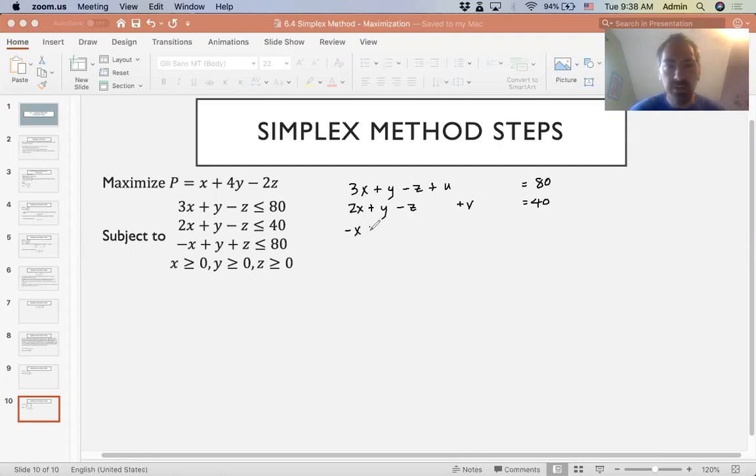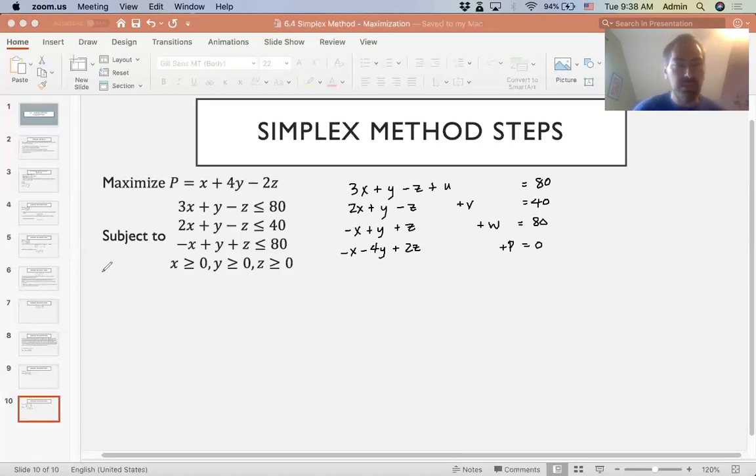Negative x plus y plus z plus, I'll say w, is equal to 80. And then we'll move everything to the other side of this profit function, so we can set it equal to 0. That will give us negative x minus 4y plus 2z plus p is equal to 0.